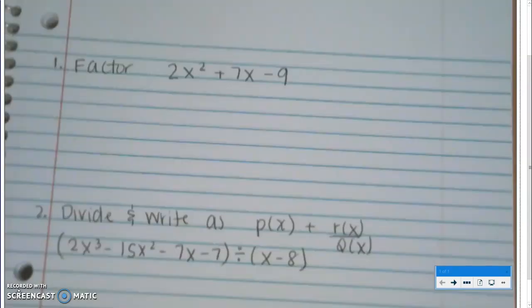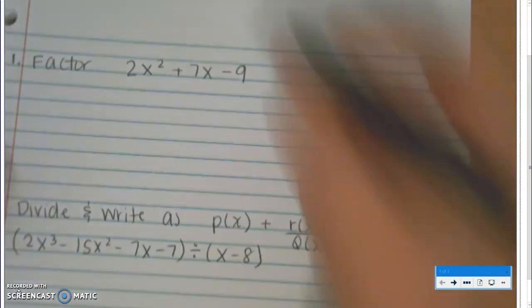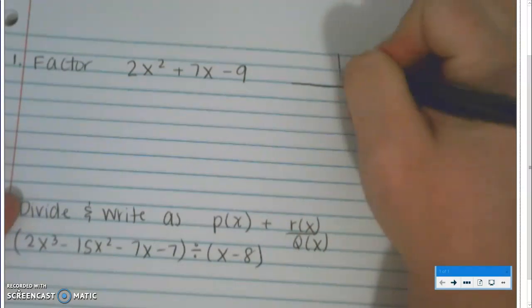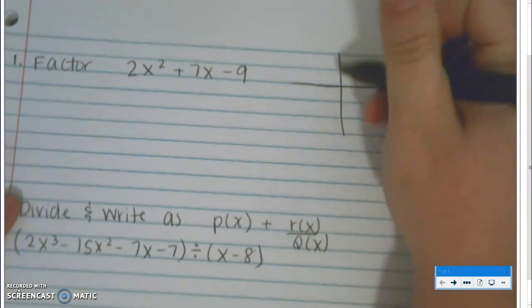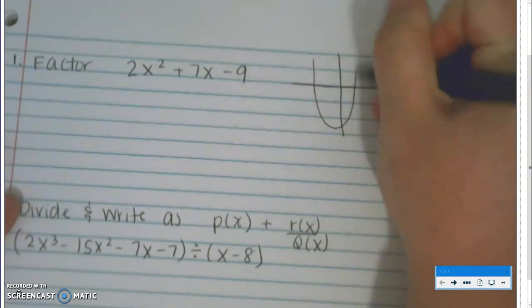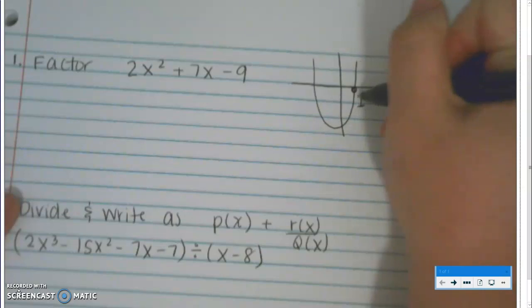So when you have to factor, hopefully you remember that the equation and the factors are related to the graph. I don't have my calculator with me, but I know that when I graph this, it's going to look something like this. This is 1, and you'll be able to tell from the little tick marks.